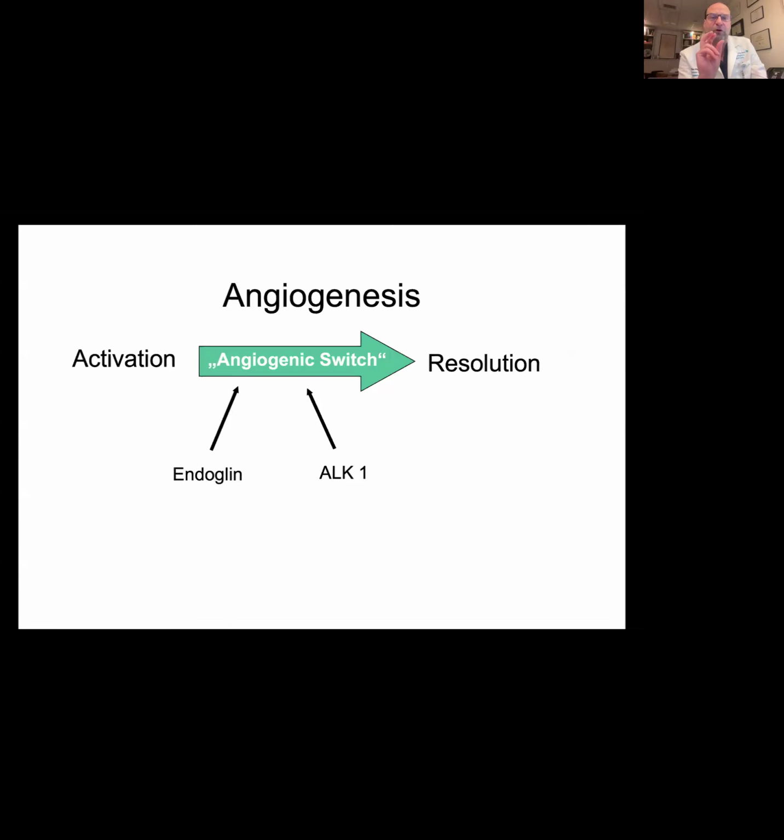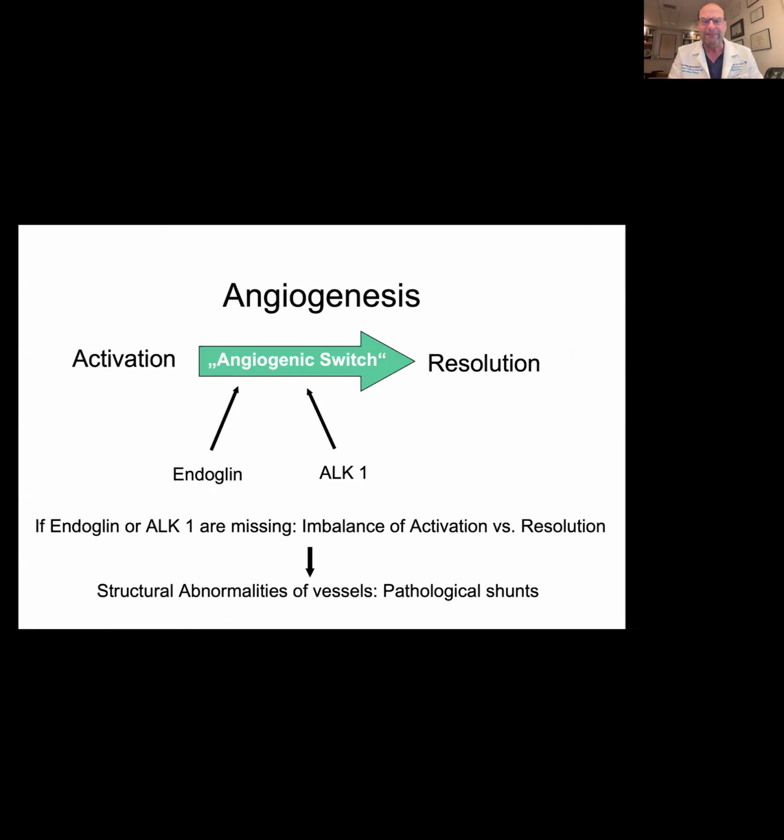So if you don't have an angiogenic switch, then you have an imbalance between activation and resolution phase. And this imbalance can lead to structural abnormalities of your blood vessels. These are your telangiectasias, your brain AVMs, and the other types of vascular malformations that can be seen in patients with HHT.